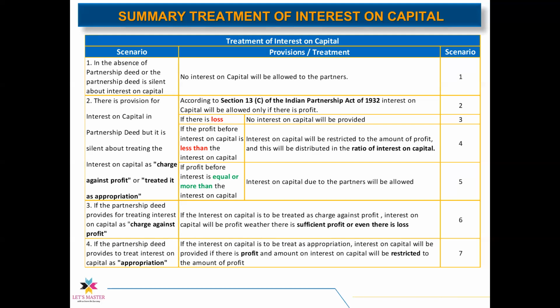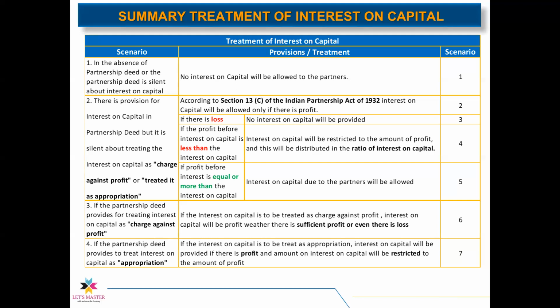According to Section 13 of the Partnership Act of 1932, interest on capital will be allowed only if there is profit. That is first. Second, if there is loss, no interest on capital will be provided.